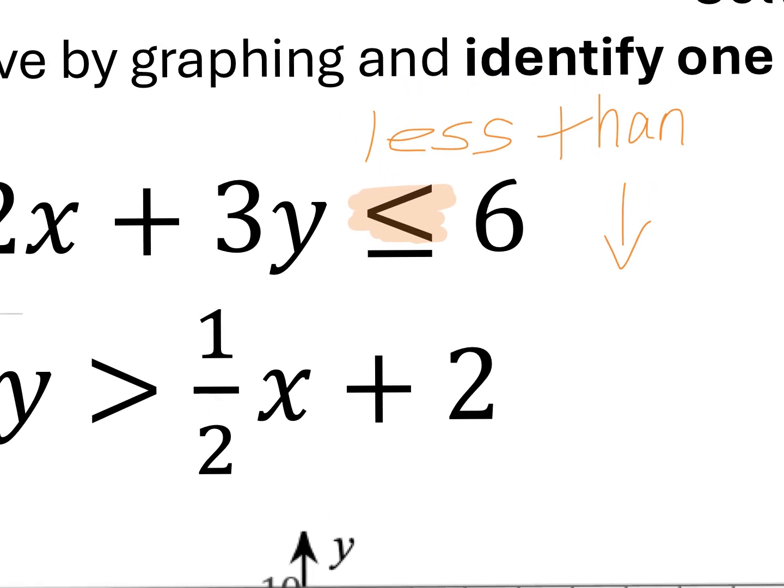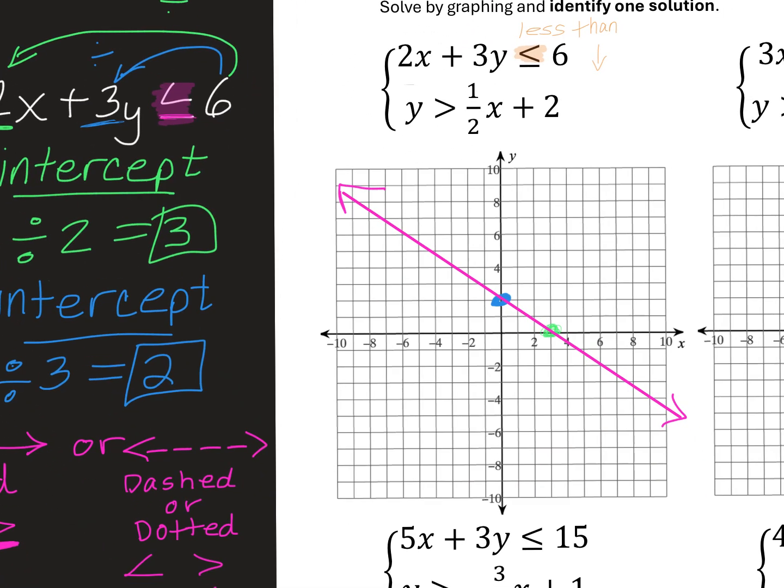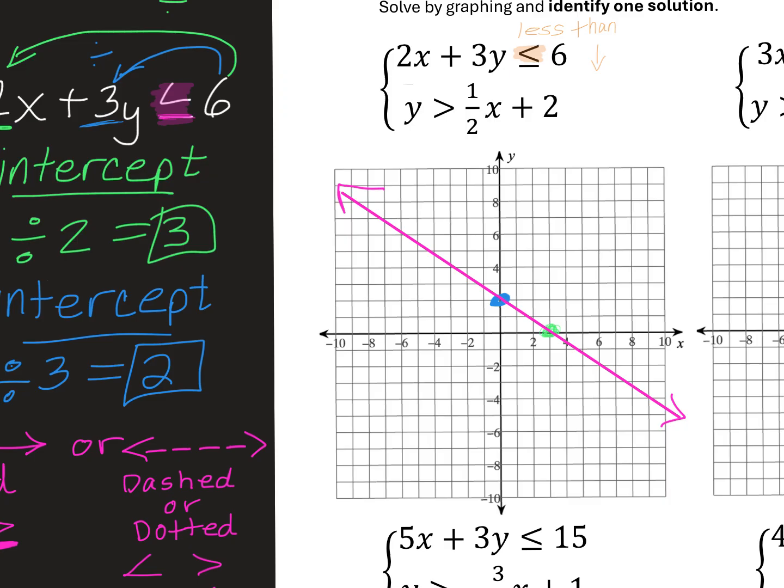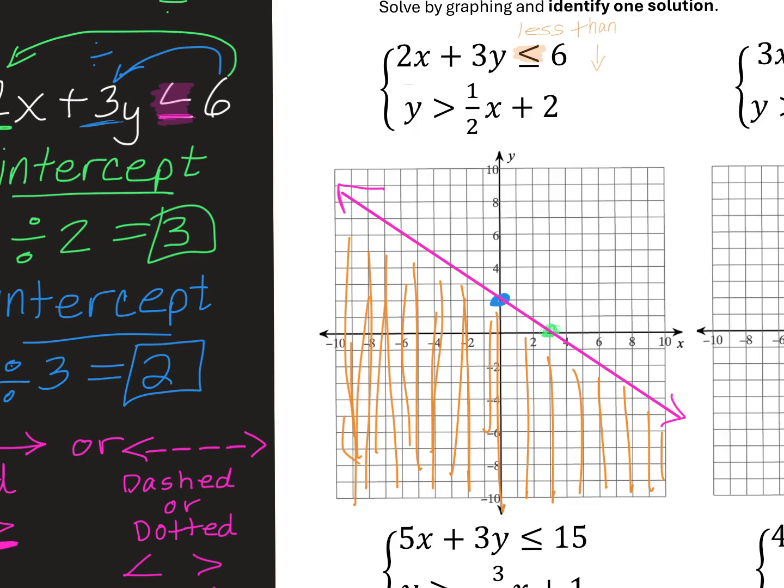So that means that I am going to shade under my line. And I'm just going to make my lines go straight down like this underneath the line. So that is how we graph the top inequality.